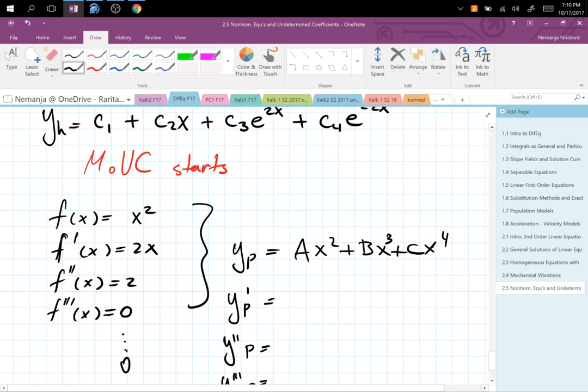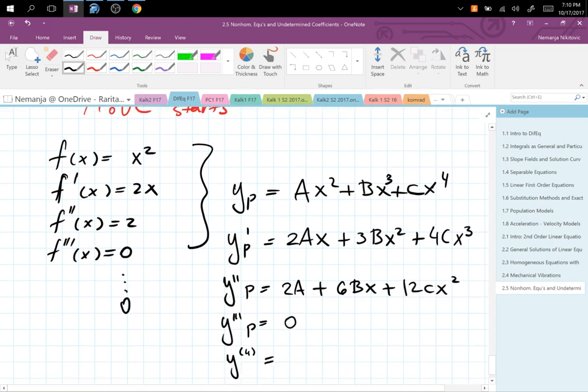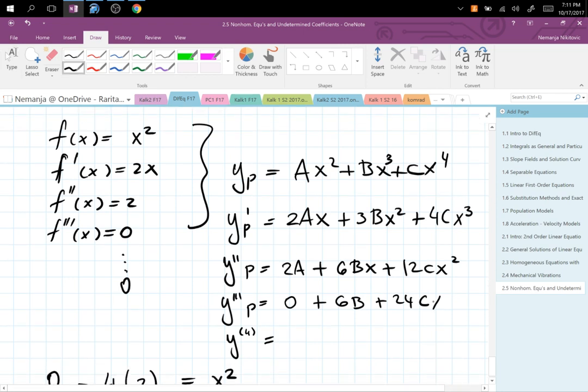Let me check. So this is 2ax plus 3bx squared plus 4cx cubed, and then 2a plus 6bx plus 12cx squared, plus 6b plus 24cx, so now 6b, that's dead, and we just have 24c.